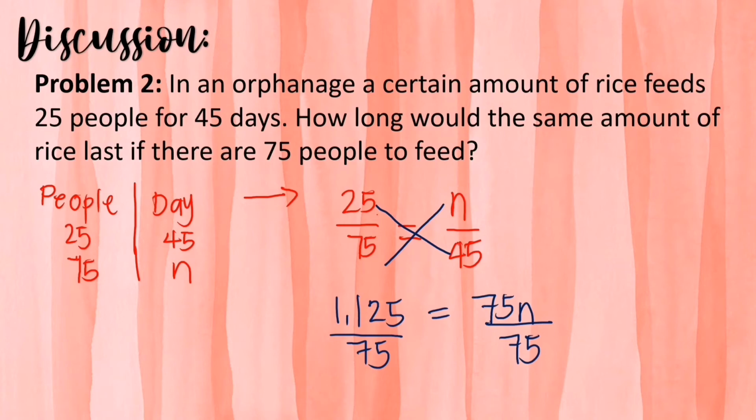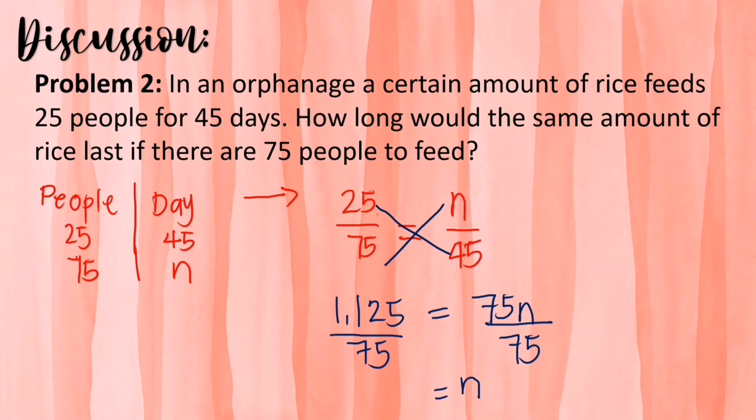Kung nag-divide ng 75 dito sa right side, kailangan mag-divide din tayo ng 75 dito sa left side. So, 75 divided by 75 is equal to 1, which is 1 times n is equal to n.